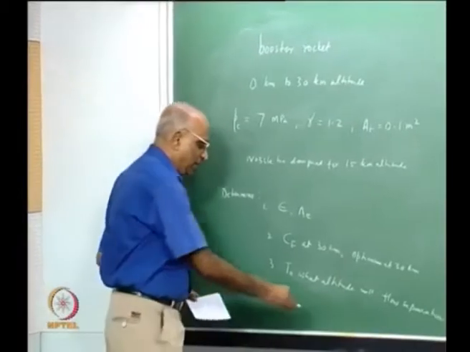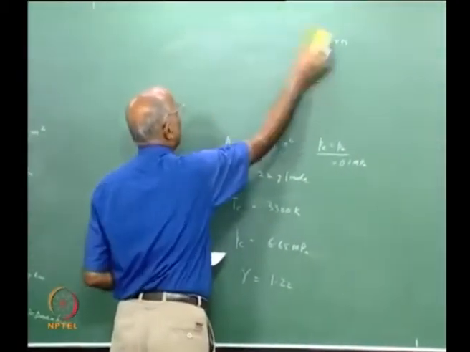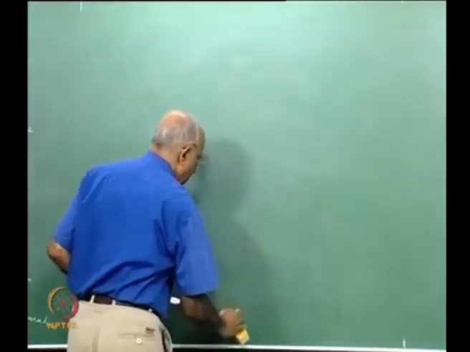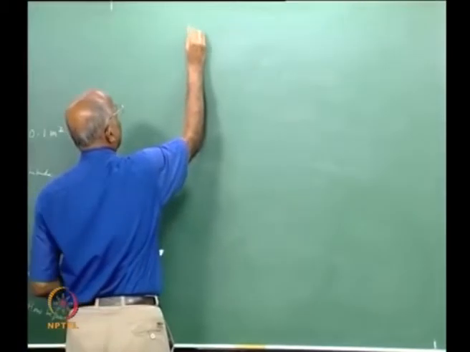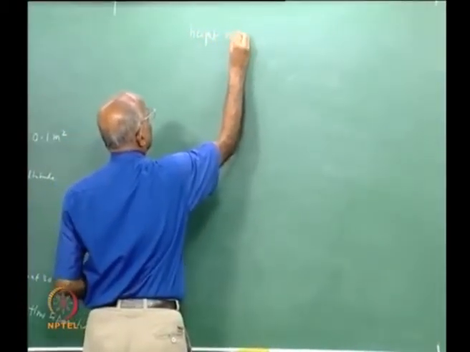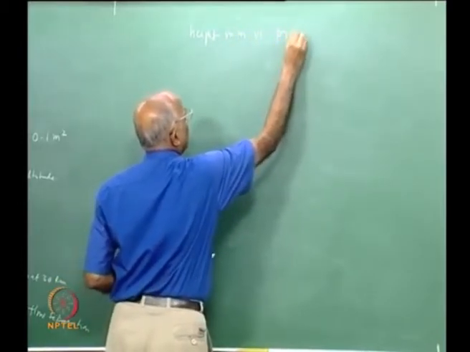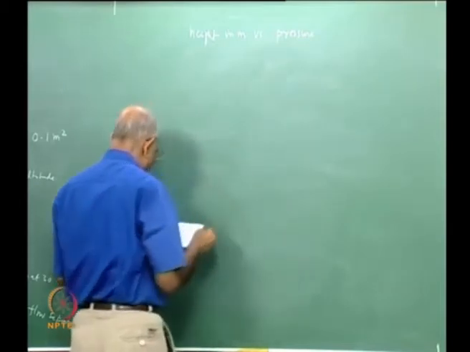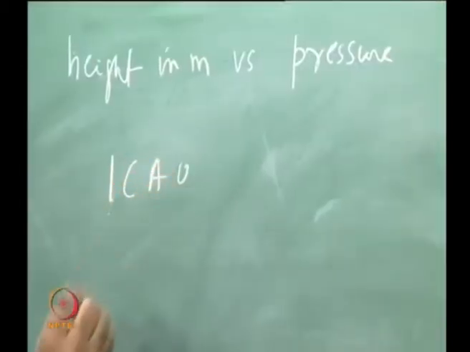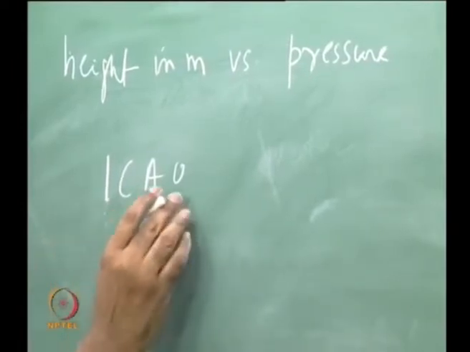Let us do this problem. We need some data, and the data which we normally use is something known as ICAO tables. We need to know altitude versus the ambient pressure. This is given by ICAO, the International Civil Aviation Organization.